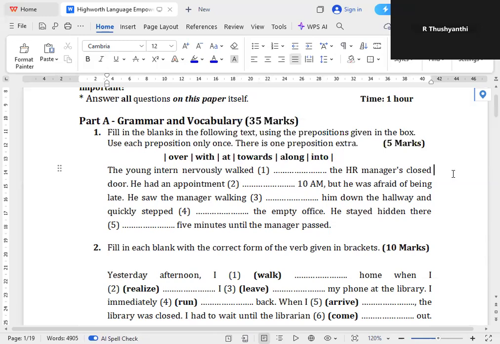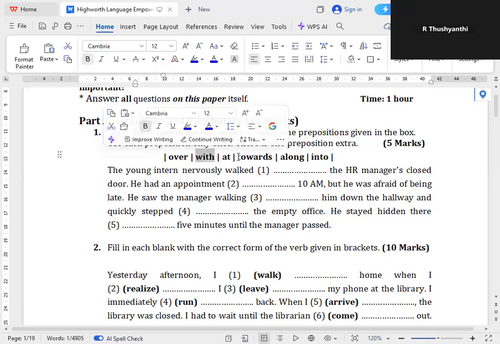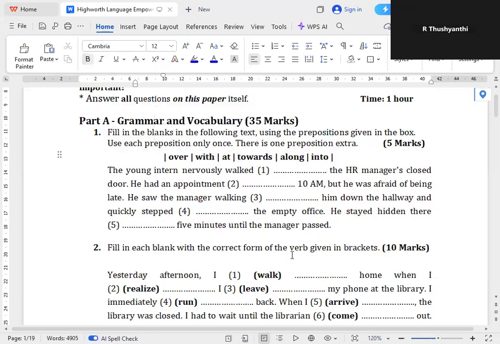So walked with the HR manager, walked towards the HR manager, walked along the HR manager. But we are not talking about the HR manager, we are talking about the HR manager's closed door. So we can use one of those, towards or along.